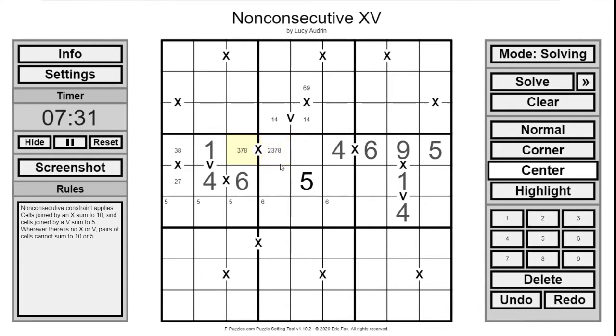This can't be 2, so this can't be 8. Might be all we're getting for now.